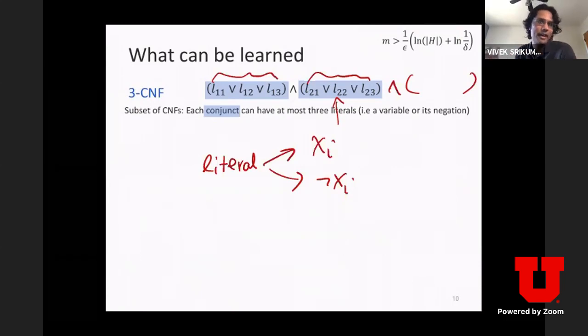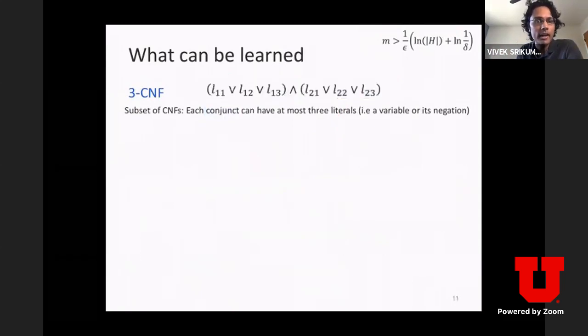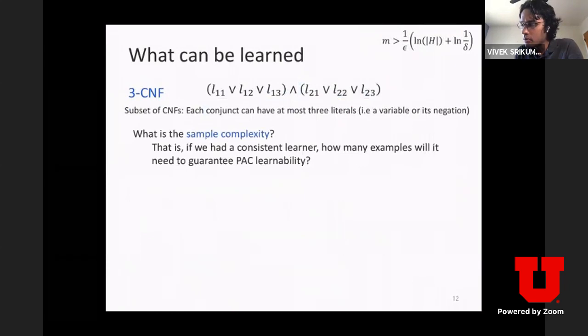The reason this is used as an example is because this is a well-studied class of functions in many parts of formal computer science. So then the question is, is this class of functions learnable? Once again, we can apply the same idea. The hammer is essentially the same. If I want to talk about learnability, first we talk about sample complexity, which is to say, how many examples do you need to guarantee PAC learnability?